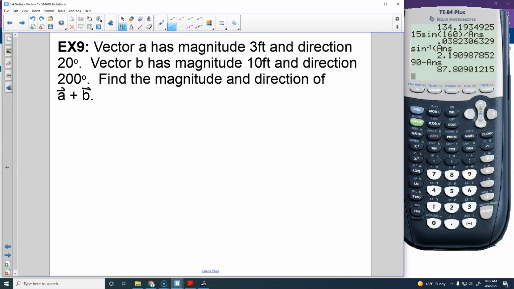Find the magnitude and direction of A plus B. So if we have our axis here, vector A is going to have an angle of 20 degrees and a length of 10. And we're going to label this angle right here 20. Oh, sorry, I'm reading it backwards. Let's shorten that up a little bit here.